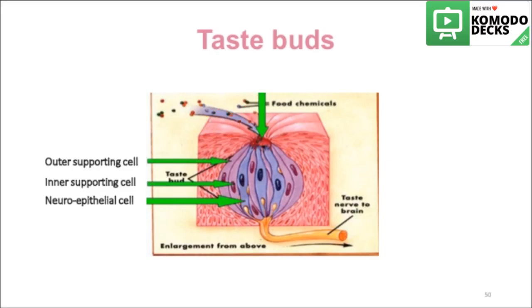It leads to a narrow space supported by supporting cells. The inner cells are spindle-shaped and the outer cells are more longitudinal. In between these cells, we have neuroepithelial cells, which are rich plexus of nerves binding underneath.